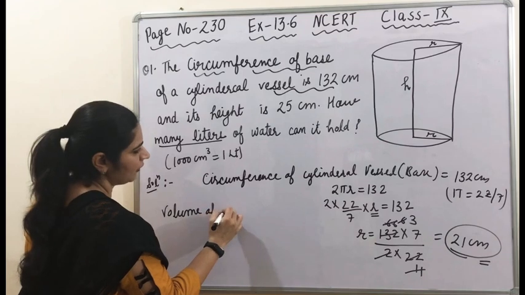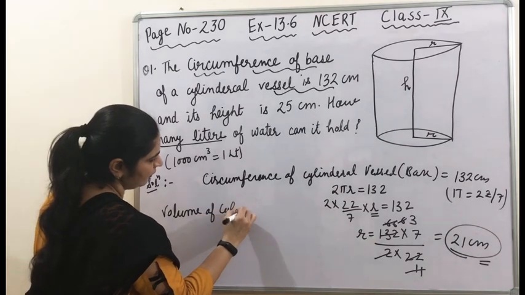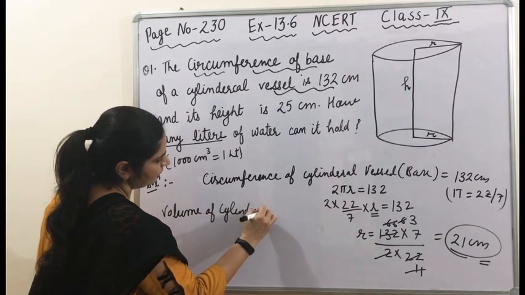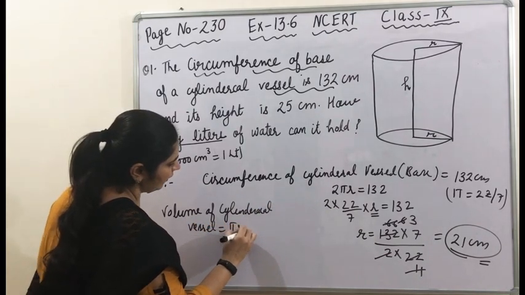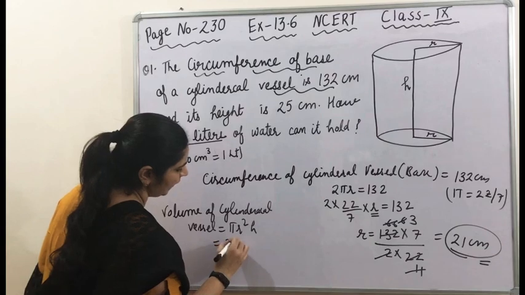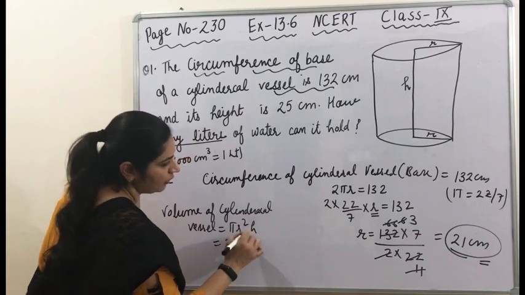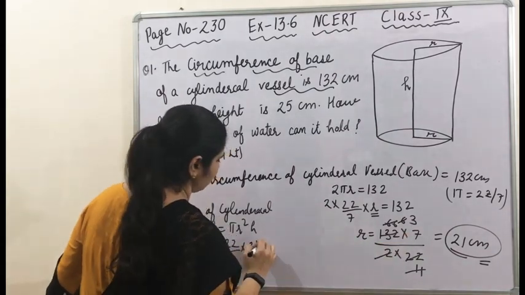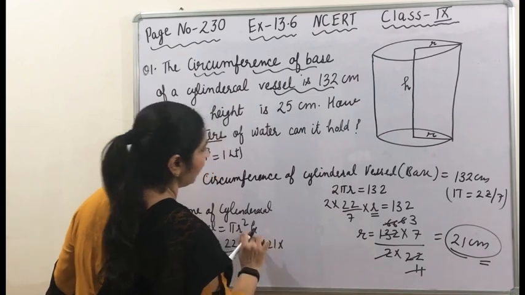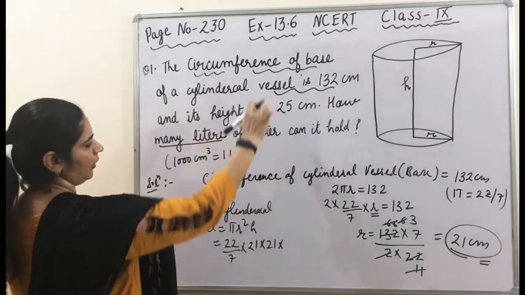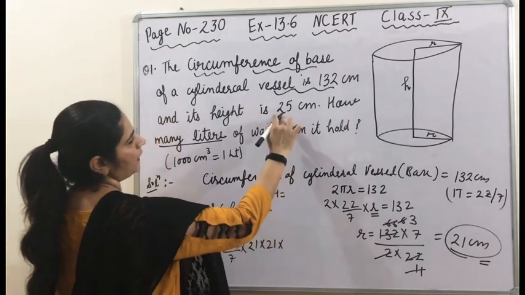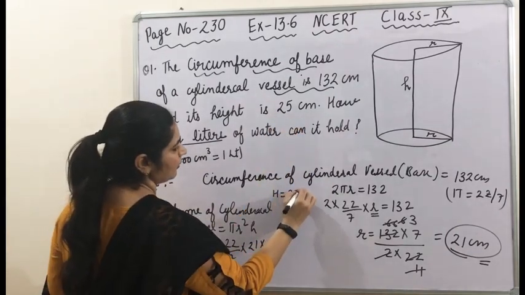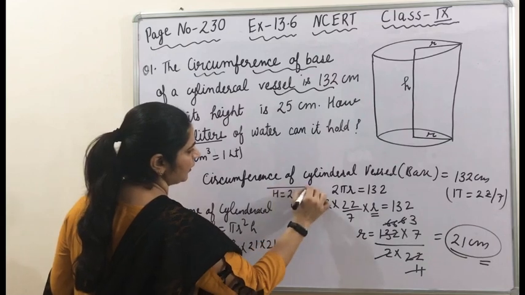Volume of the cylindrical vessel is pi r square h. Pi is 22 by 7, r is 21, 21 into 21. H is already given, I am writing here, height is 25 centimeter.